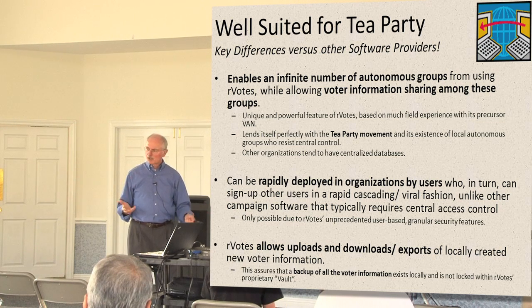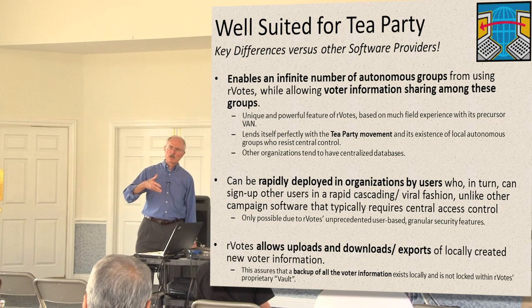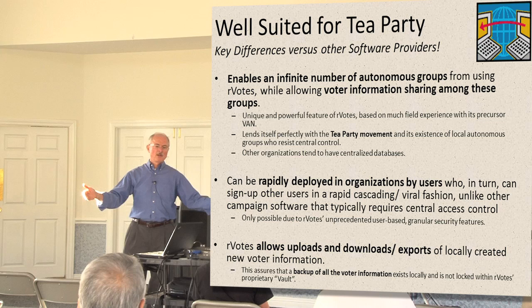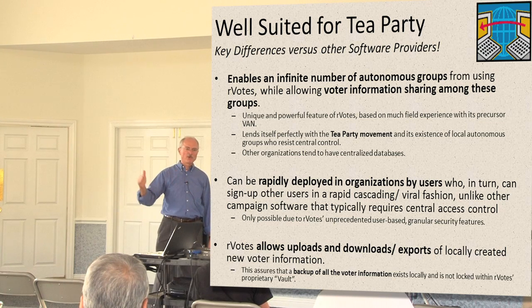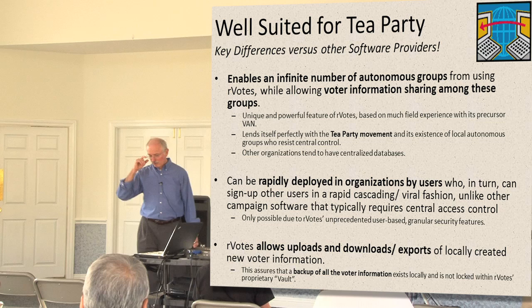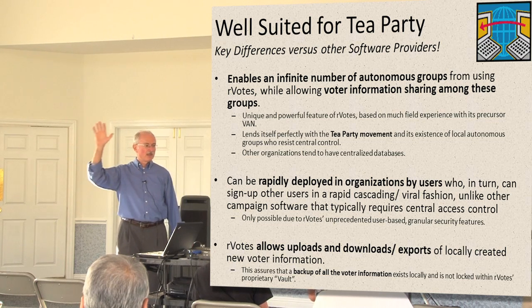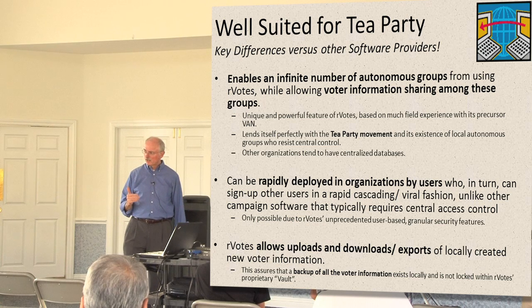We've done a lot of vetting, a lot of thinking, and right now we have over 150 Tea Party leaders and groups signed on to rVotes. So we've got a lot of experience on how to deploy rVotes. I have a lot of these conversations with Florida and Iowa, and there are a number of other states I can't mention right now that are soon coming on to rVotes.